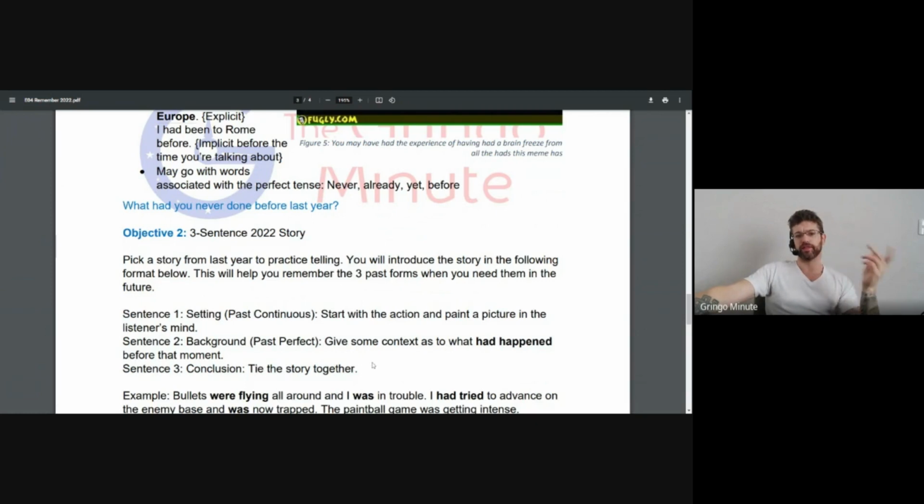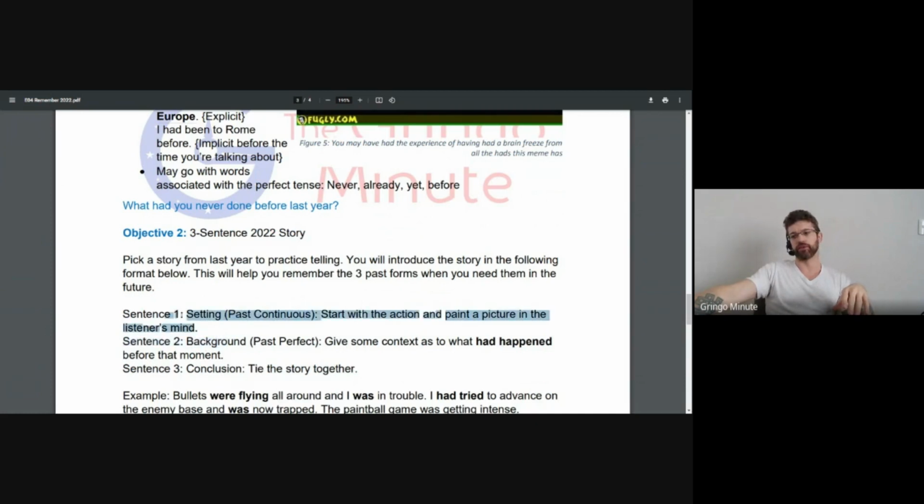So in this case, we're going to use this format where you're going to give the setting. I'm going to use the shark. I was swimming in the ocean when I saw a shark. Then you're going to go back and give some background. It's like a TV series where they throw you into the action and then 24 hours earlier.